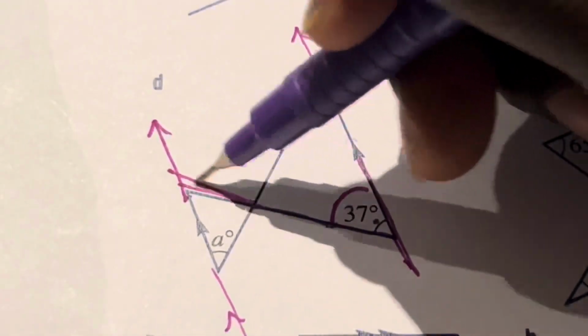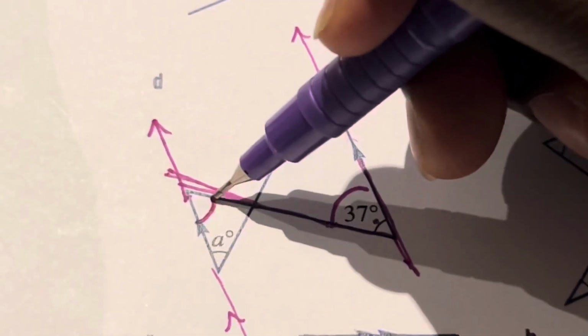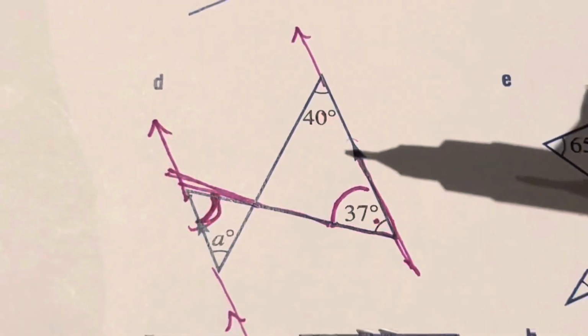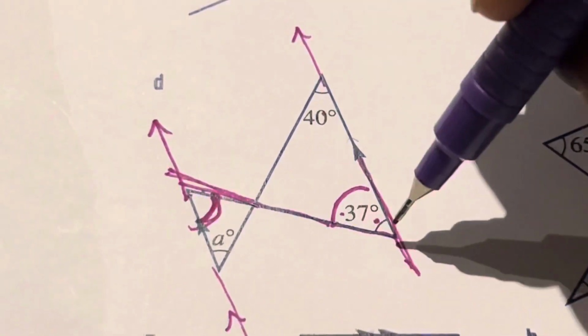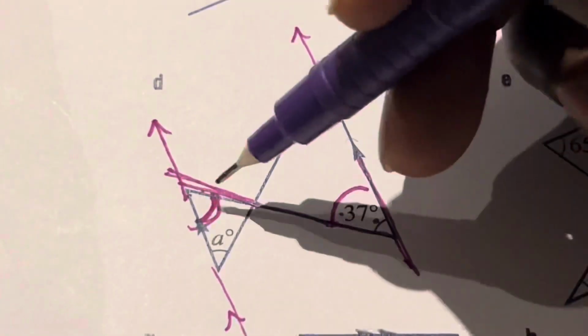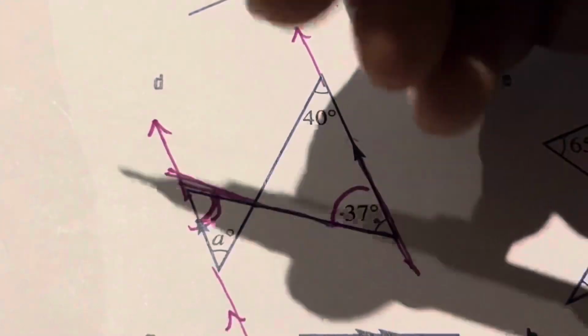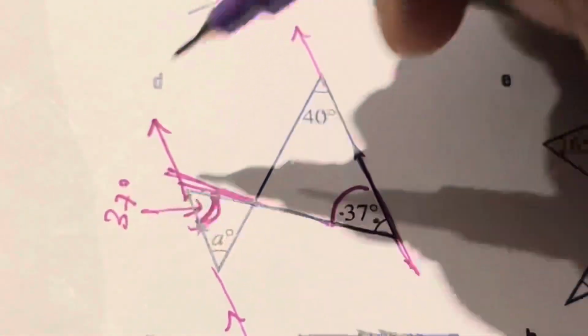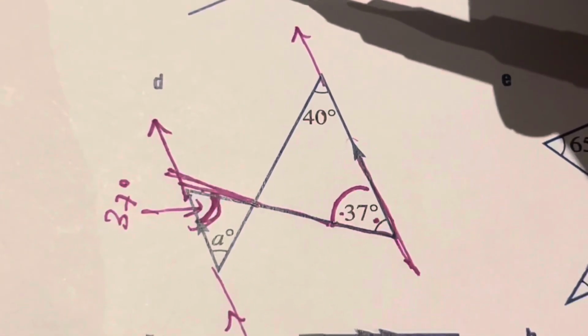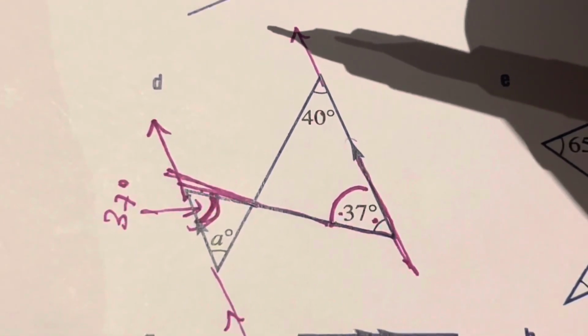This over here is equal to what? This and this, dealing with parallel lines, they're on the opposite sides, different sides. So if this is 37 degrees, this must also equal 37 degrees. And why is that? Because they're alternate angles.